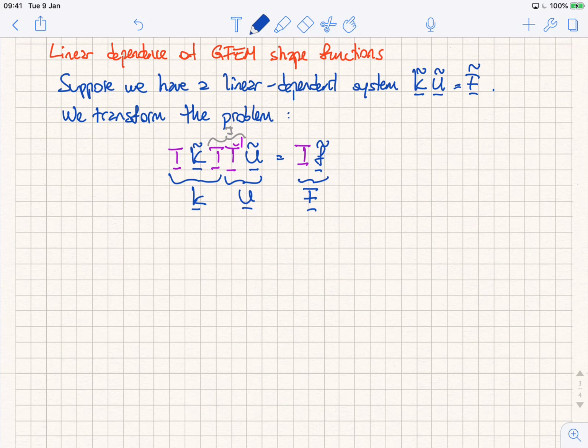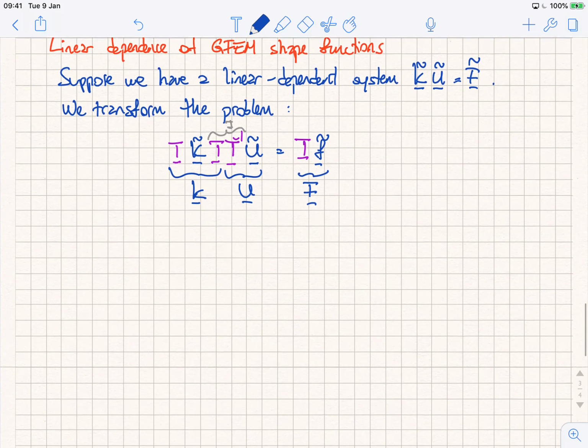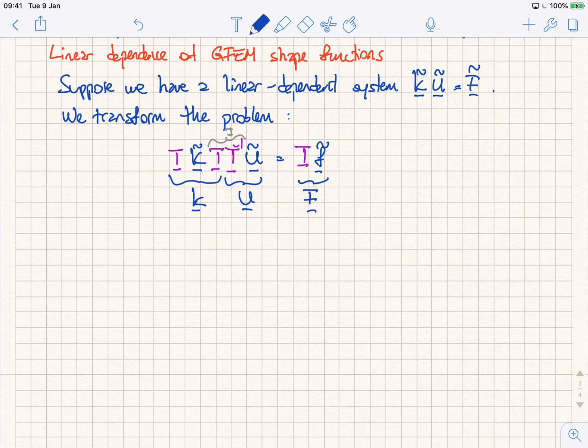So I basically take my system and I modify it using this matrix T so that I get an interesting property. To be able to perturb the system, I want to get something that T allows me to get: a simple system that I can perturb.